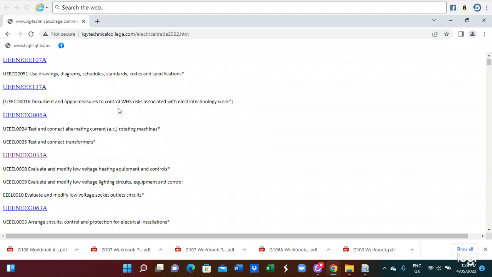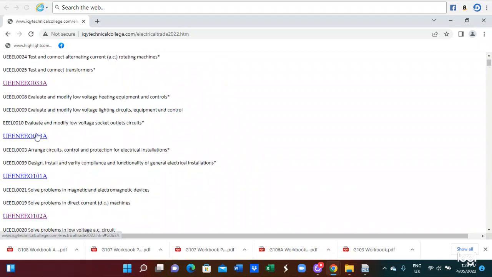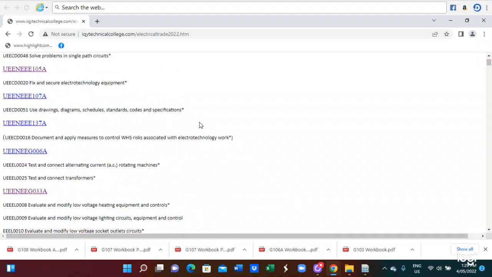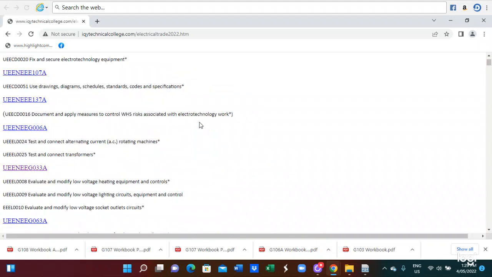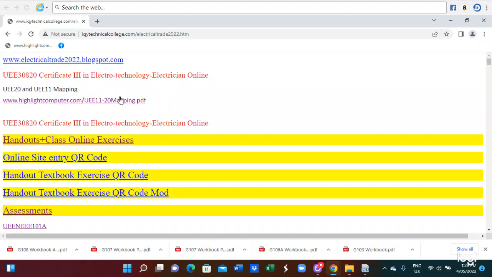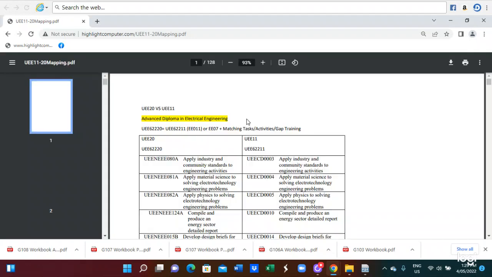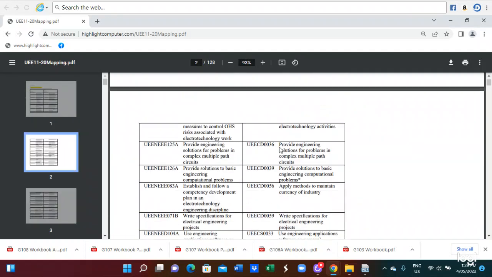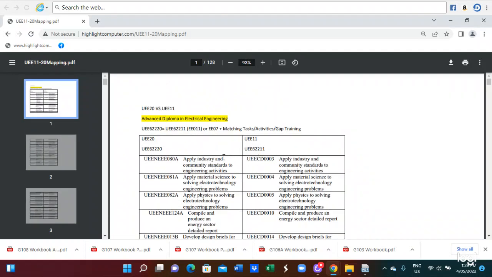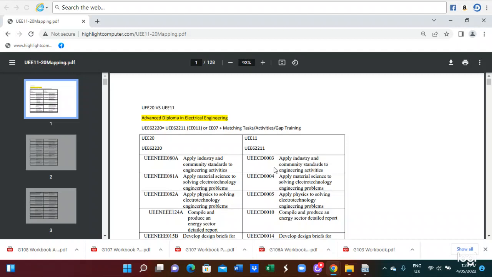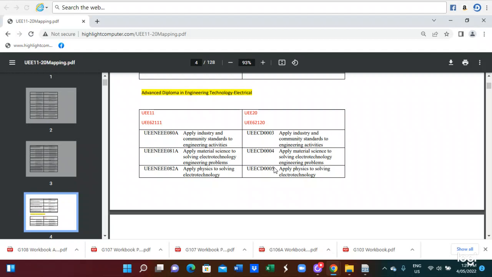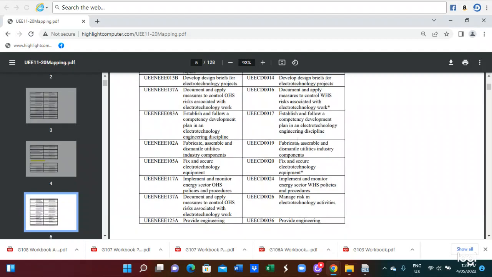Now we are talking about the units. There are units UEE101, 102, 103, and so on. This is a mapping, a UEE11 to UEE20 mapping. The UEE30811 and UEE30820 mapping table shows that most of the UEE30820 units are equivalent to the UEE30811 units.